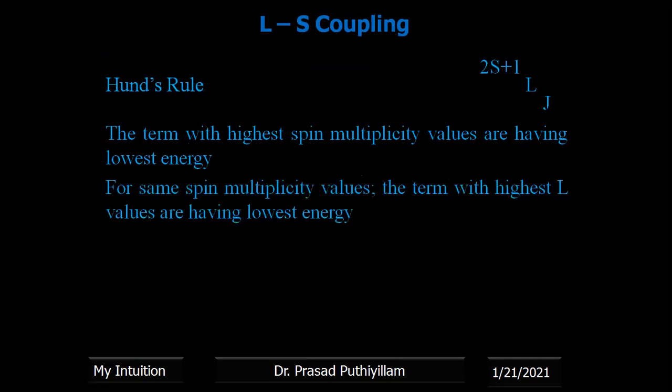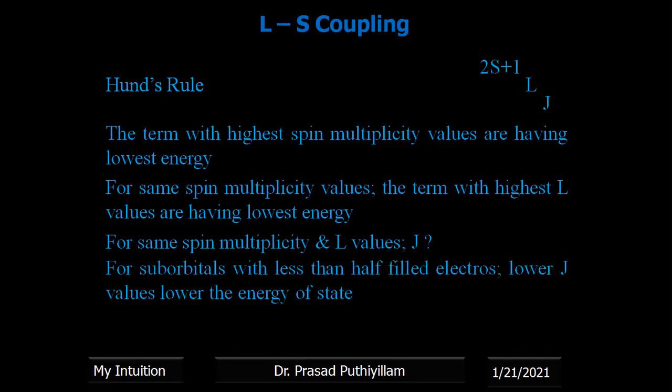Therefore, Hund's rule says that, as already discussed for the first two cases, spin multiplicity values are considered first: the higher the value, the lower the energy. Then if spin multiplicity values are the same, the higher the L value, the lower the energy. If the same spin multiplicity and L values are there, then we have to check the J value.